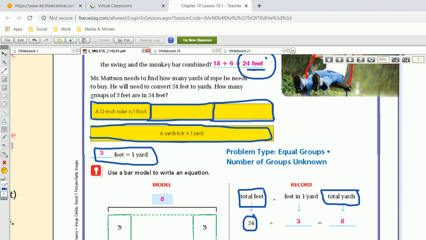We want to convert from feet to yard. So is feet greater than or smaller than yard? Feet is smaller than yard.